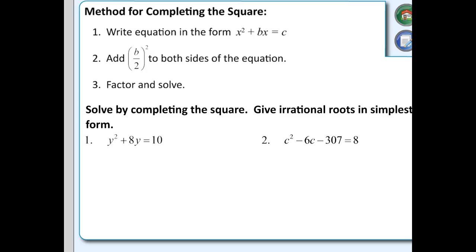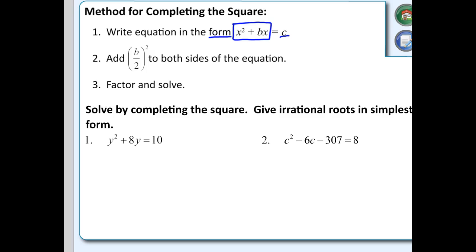The gray box in your book shows us how to do this. The first thing we see is that it has to be in the correct form. For completing the square, I have to have the quadratic term and the linear term on one side and the constant on the other. If it's not that way, then we may have to rearrange the furniture, rearrange the equation to look like that.